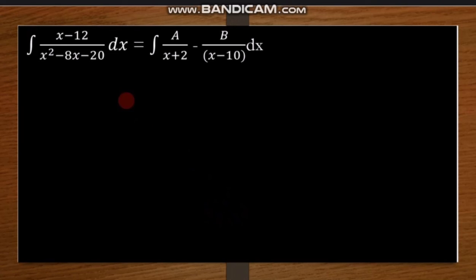So now we can express the integral of x minus 12 over x squared minus 8x minus 20 dx equals the integral of A over x plus 2 minus B over x minus 10 dx.